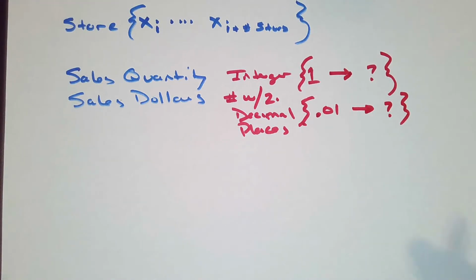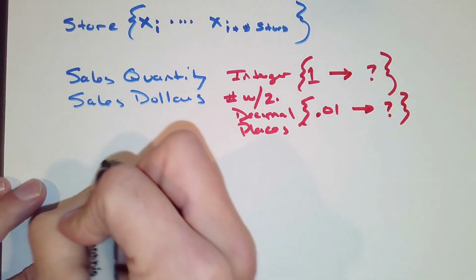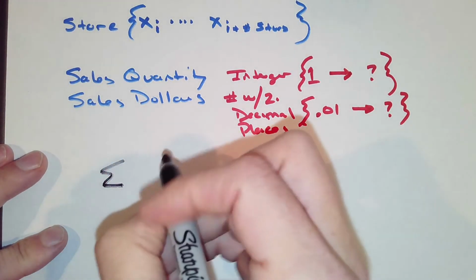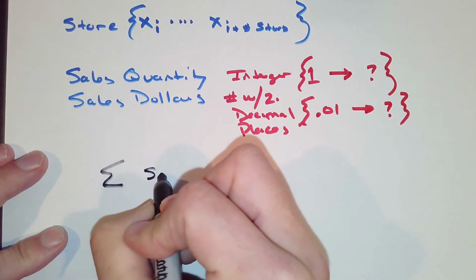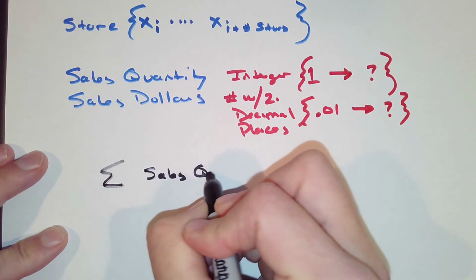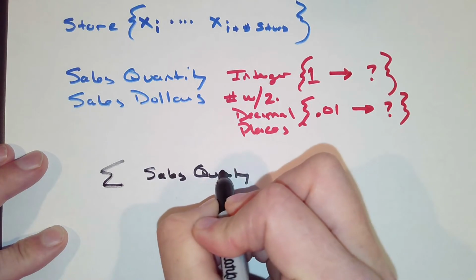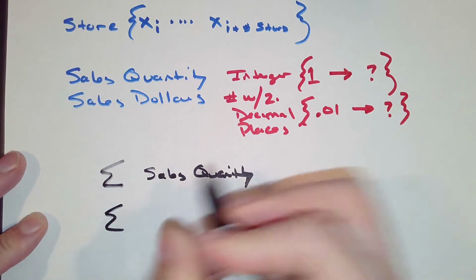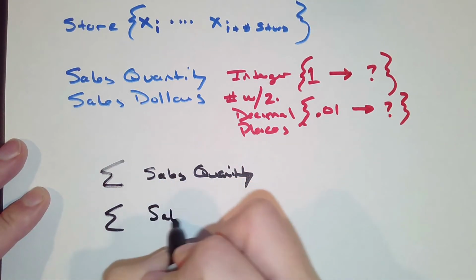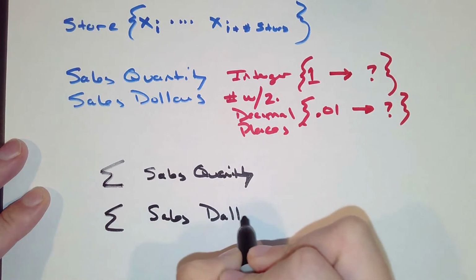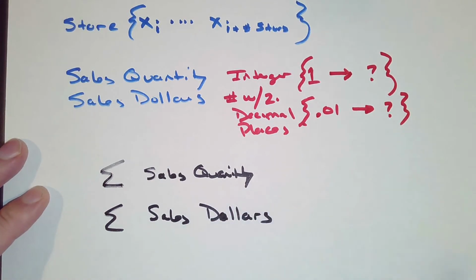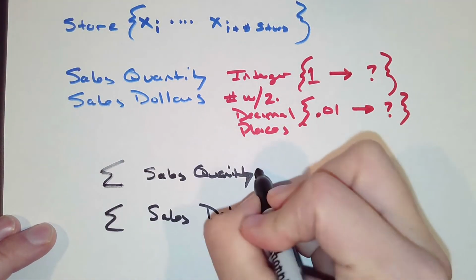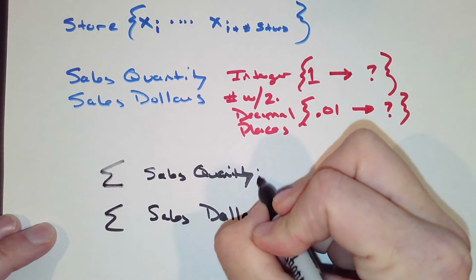So let's think about this. Sales quantity or sales dollars. I want to get the sum of sales quantity, or the sum of sales dollars, for each I. Okay?